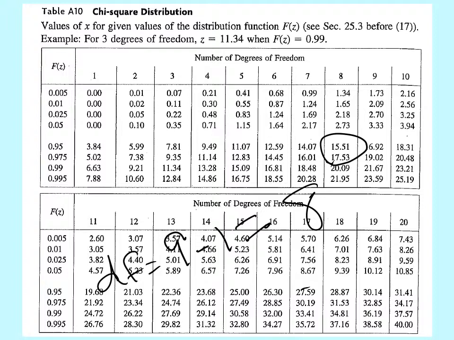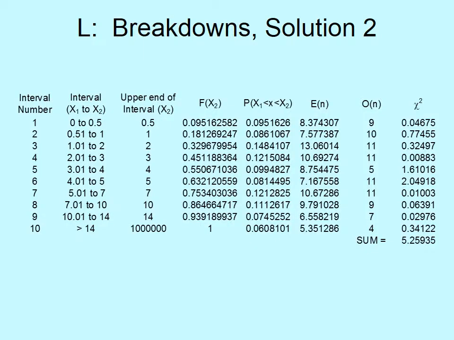But we actually had a lot of choice in how we did this, and you might instead pick different class sizes. In fact, I didn't like having to combine those bottom two categories, so I would redo this in a new way. I'd use the intervals from x1 to x2 being 0 to 0.5, 0.51 to 1, 1.01 to 2, etc. And notice by using these classes, when I look at my expected numbers, all of them are 5 or more, and I've achieved that.